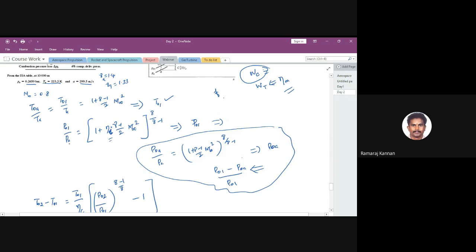From here, since it is adiabatic compression and not isentropic compression, P01 by Pa is equal to 1 plus the isentropic efficiency times this one. You can calculate your P01. Even this method you can adopt for pressure recovery for the diffuser.